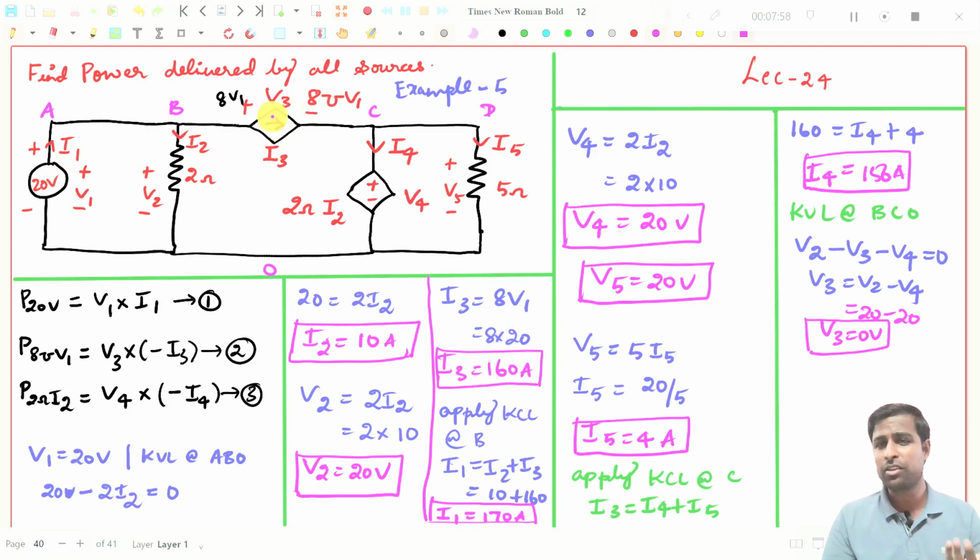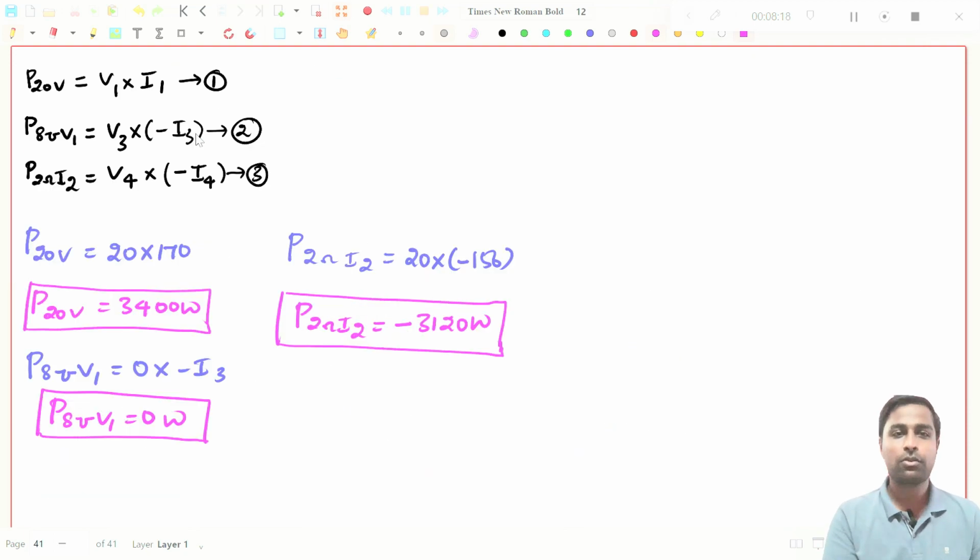And what happens to this source? This source is neither delivering nor absorbing power, since the voltage across it is 0. So it never delivers or absorbs power. Anyhow, this is the final value.